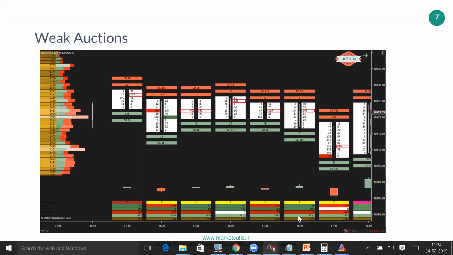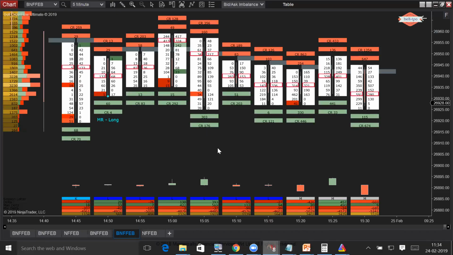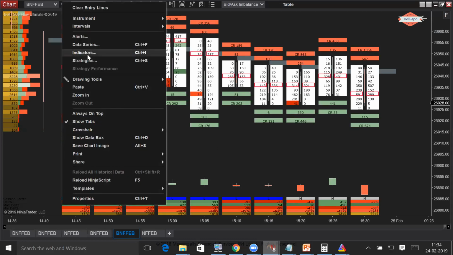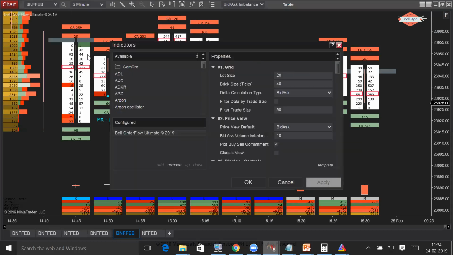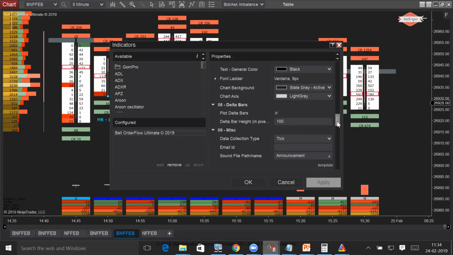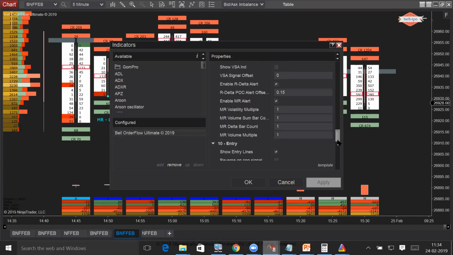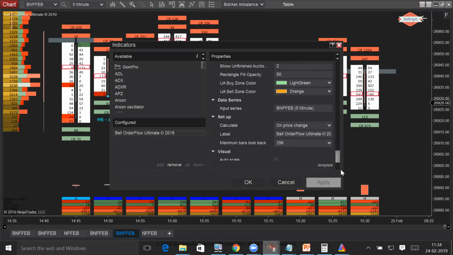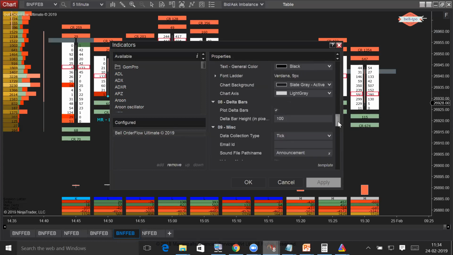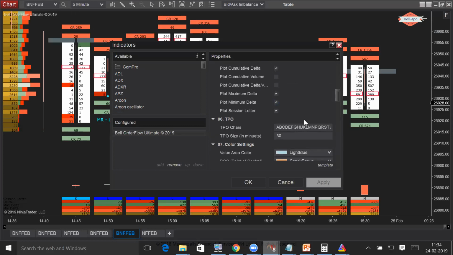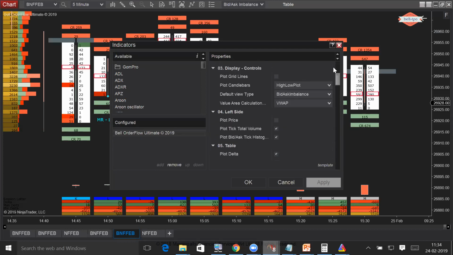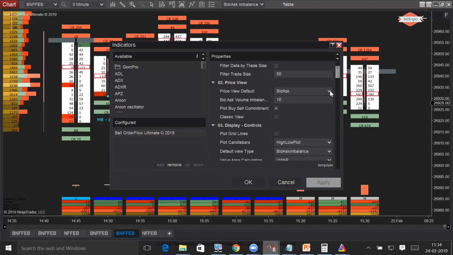Let's say in Bank Nifty, you want to know where anything above 500 lots is getting traded. What you can do here is right click and go to indicators, and there is a control where you can input the lot size. The lot size is 20 over here. I made it so, and then you scroll down to the lower end, where you can set the bigger volume bars.